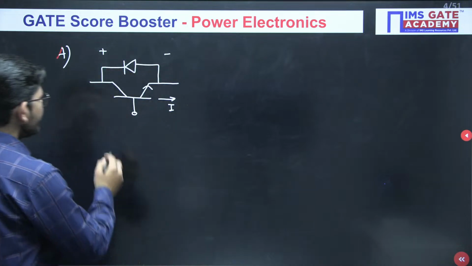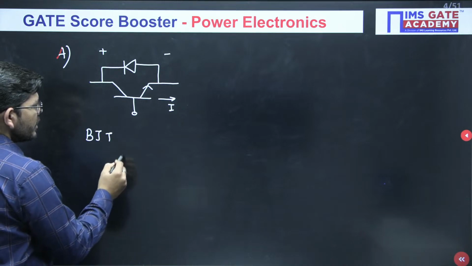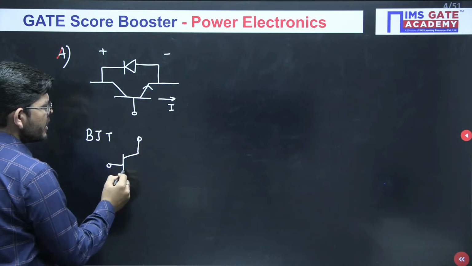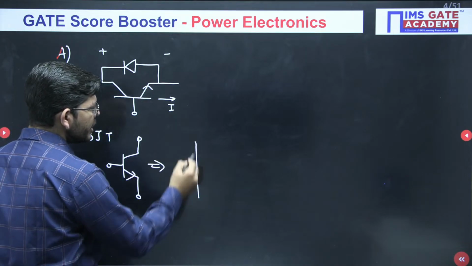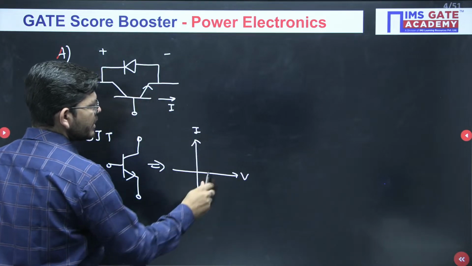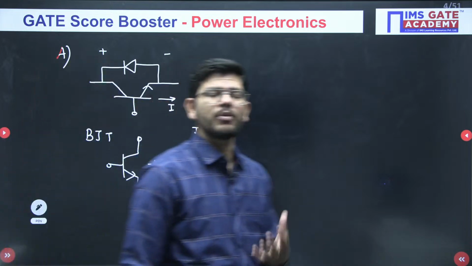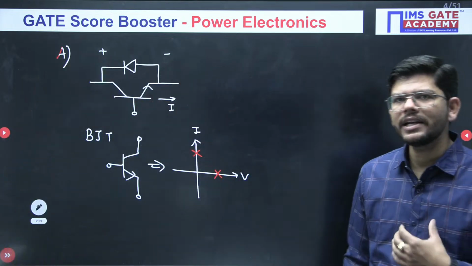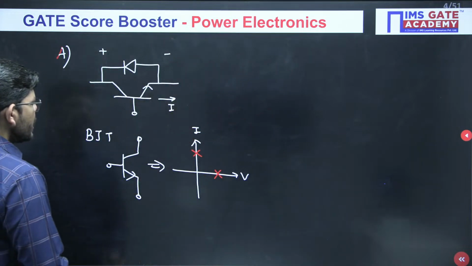So what is the switch realization of BJT? The switch realization of BJT and IGBT is almost similar. If this is the voltage and this is the current, it will give you operation in the first quadrant. It will block the positive voltage and it will carry current in the positive direction. Okay. So this is related to BJT.